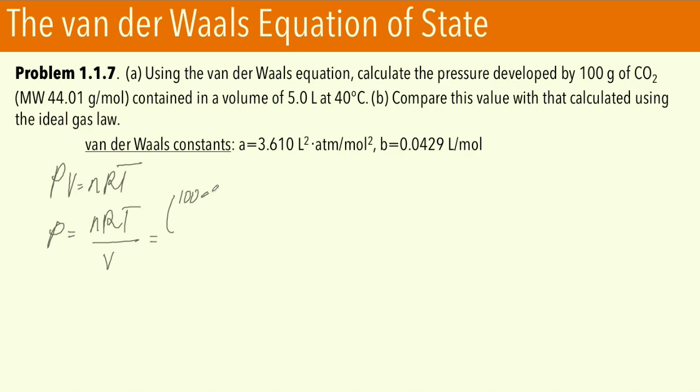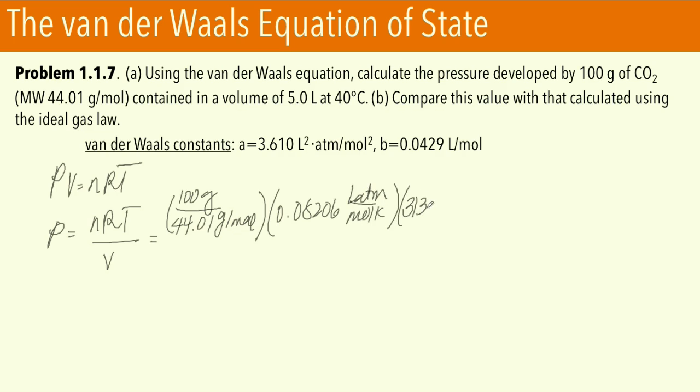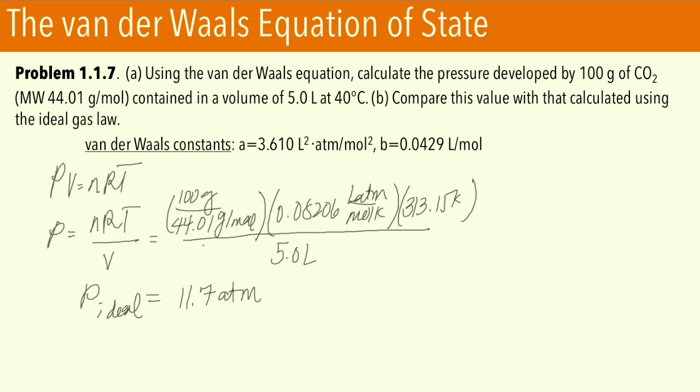We have 100 grams of carbon dioxide, so divide this by the molecular weight, and then we have R, and we have our temperature, divided by the volume, which is 5 liters. And if we punch this in, we get 11.7 atmospheres. So this is the ideal pressure.